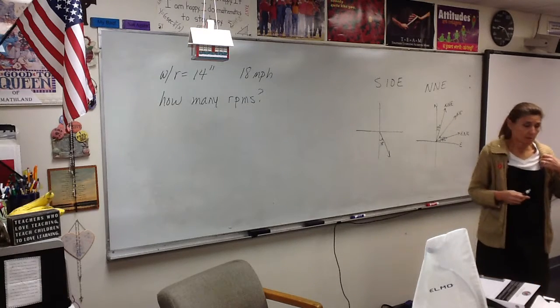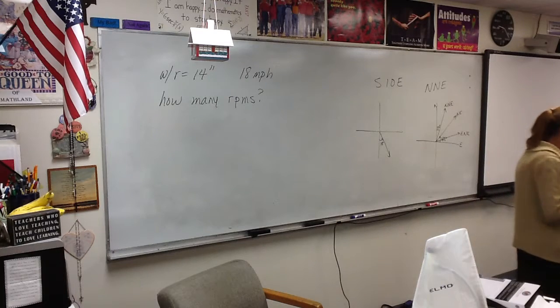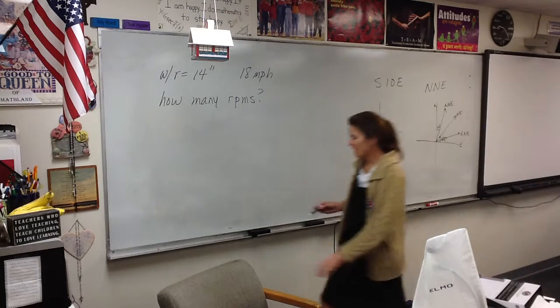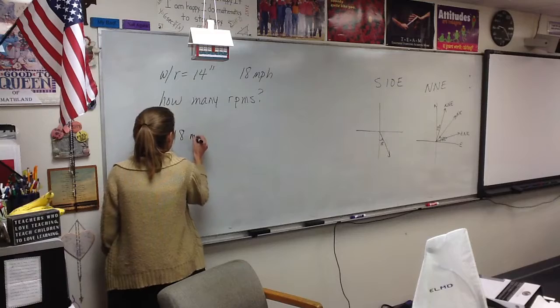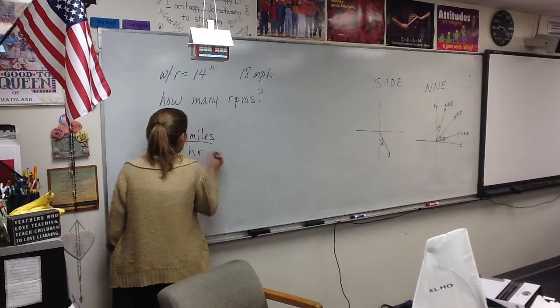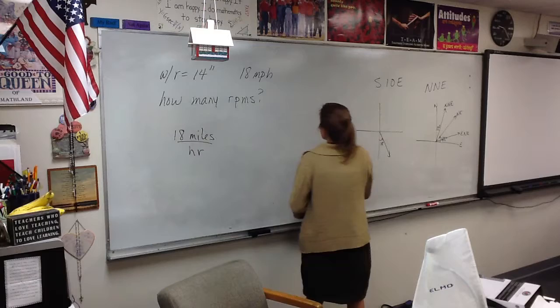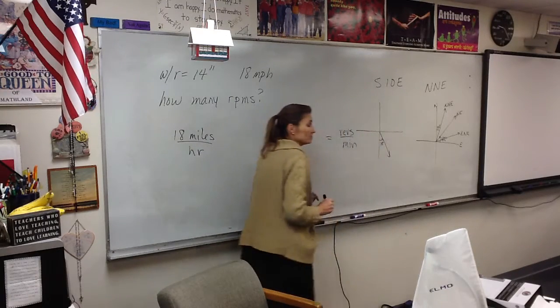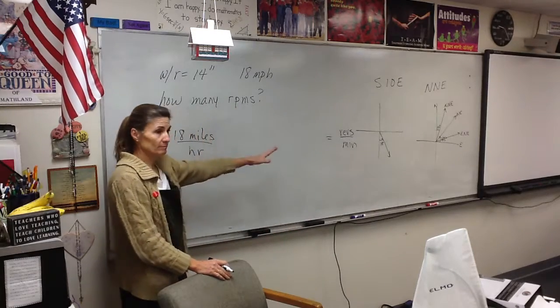So I have my bike tire, 14-inch radius. It's traveling 18 miles an hour. I want to know how many times it's spinning per minute. So I have to somehow end up with revolutions per minute. That's my objective.